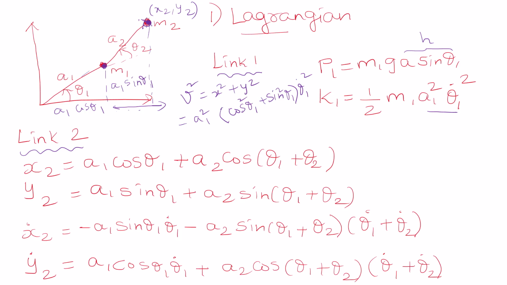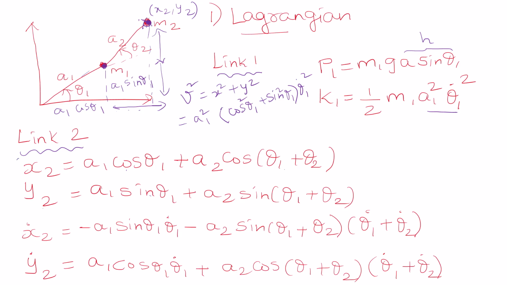So x2 is a1 cos theta 1 plus a2 cos (theta 1 plus theta 2), and similarly y2 will be a1 sin theta 1 plus a2 sin (theta 1 plus theta 2).